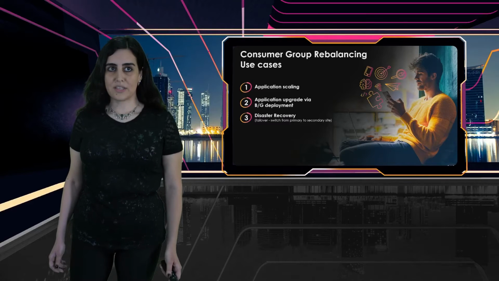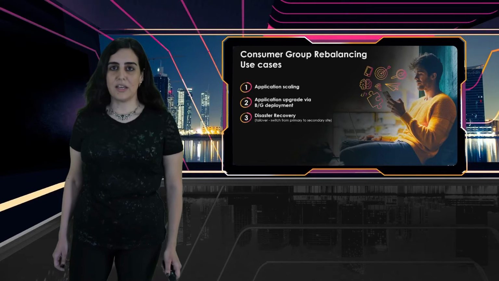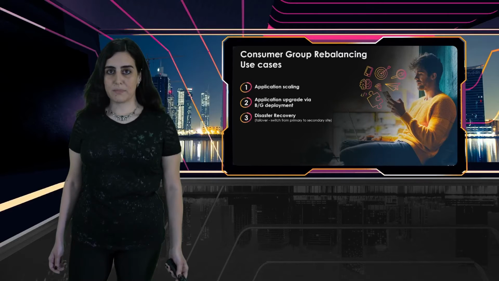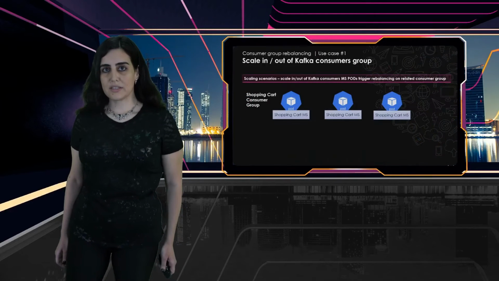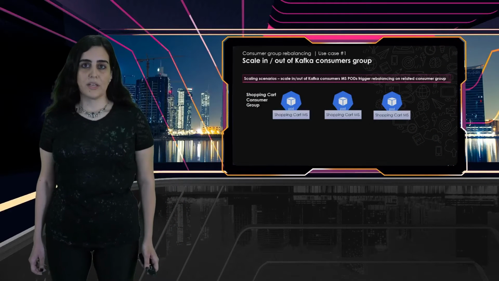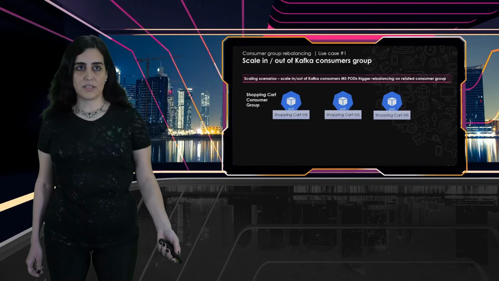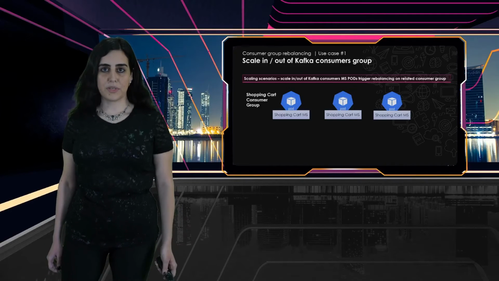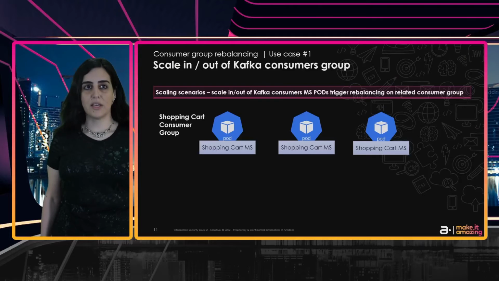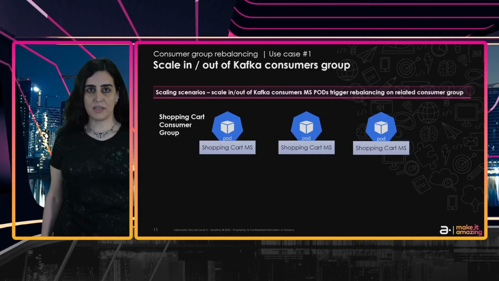Now let's review some use cases for consumer group rebalancing, starting with the scaling scenario. As we said before, we have this shopping cart microservice with currently 3 pods.